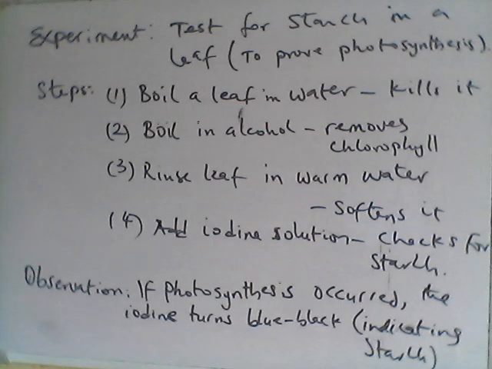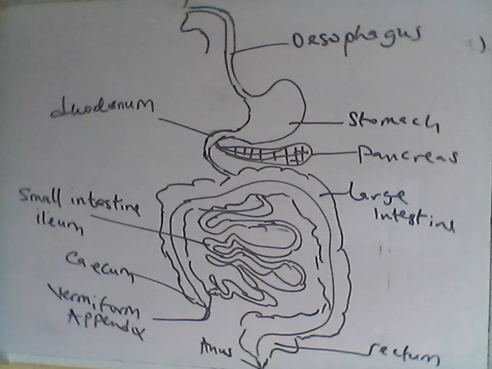So this is just a simple way of demonstrating the presence of photosynthesis in the leaf. Okay, so we'll wrap up this video with a look at the human digestive system.